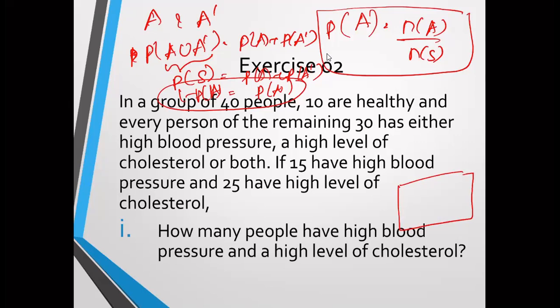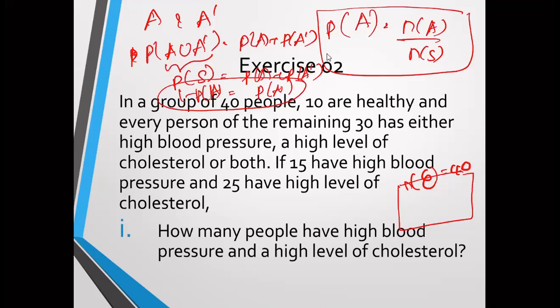In a group of 40 people, from that phrase we can find the number of people considered in this experiment is 40. That is 40 people in the experiment or in the sample. Or the number of elements in the sample space is 40.